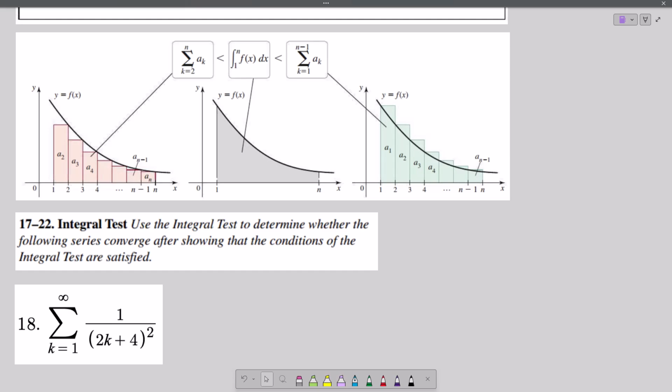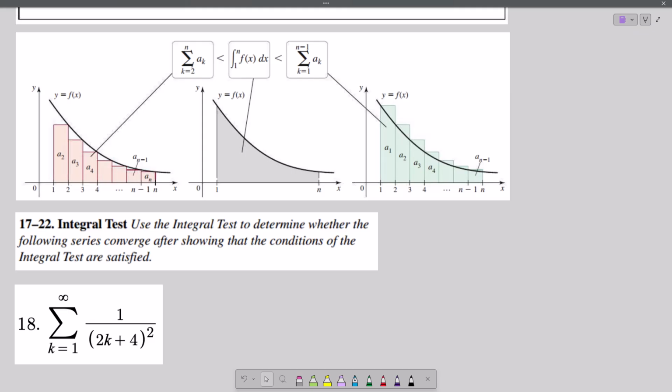So here's a picture of those n minus 1 terms. These n minus 1 rectangles are underestimating the area beneath that curve. The integral from 1 to n is the area beneath that curve right there. That is underestimating it.